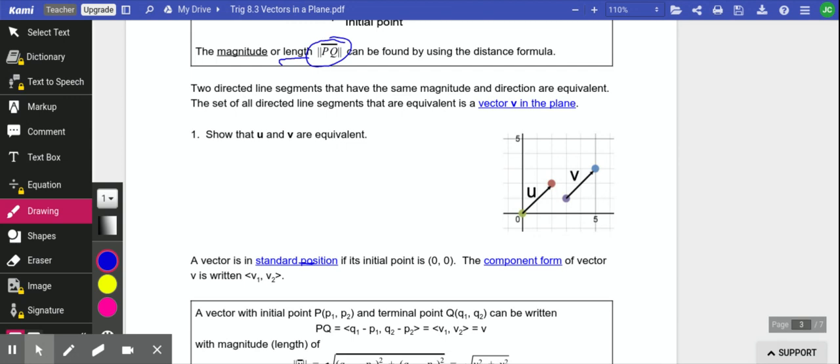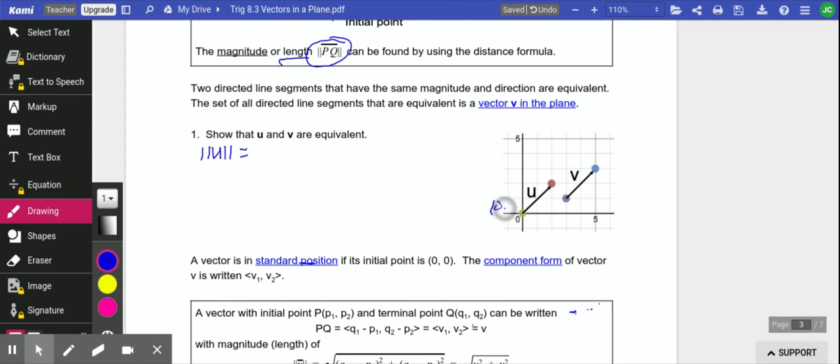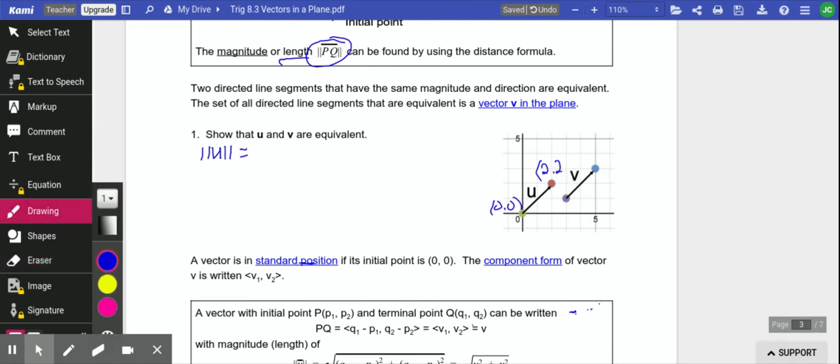So we'll start with vector U. We want to find the magnitude of U, and to do that, we're just going to use the distance formula. Notice that U starts at the point (0, 0) and it ends at the point (2, 2). All right, so we are going to find the magnitude of this.